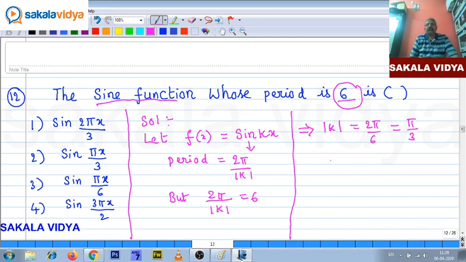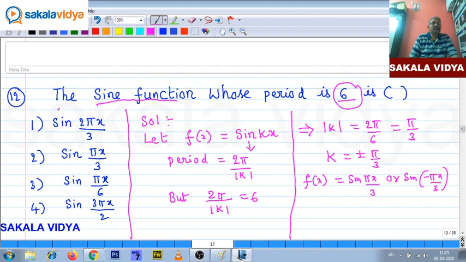Am I correct? K equals plus or minus pi by 3, even plus also you can take. That means we get the function sine pi x by 3 or sine minus pi x by 3, both are correct. Which is the right option we have? Second option is the right option.